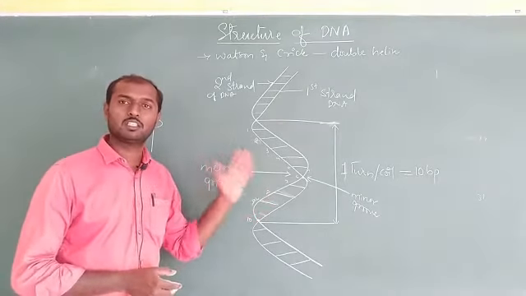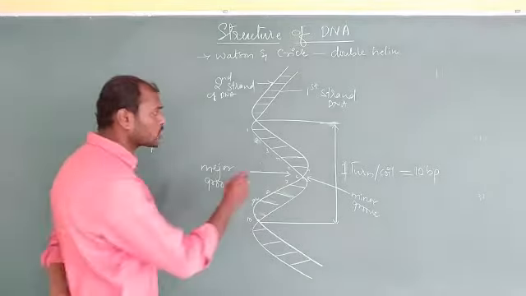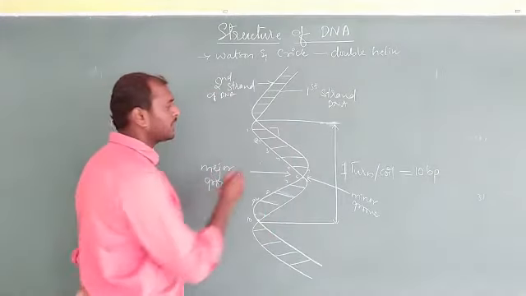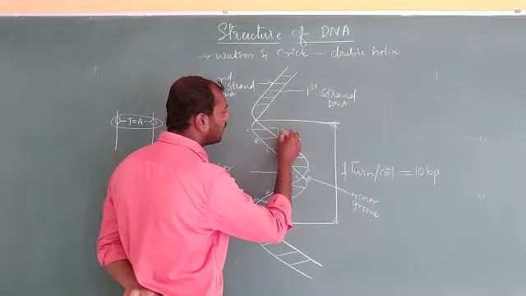So each base pair is present 3.4 angstrom unit from each other.